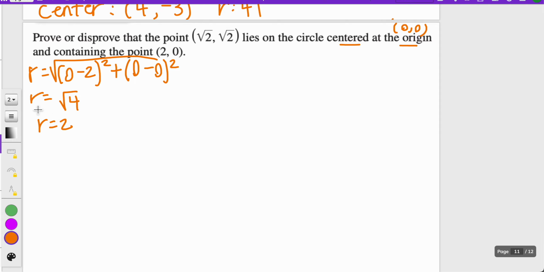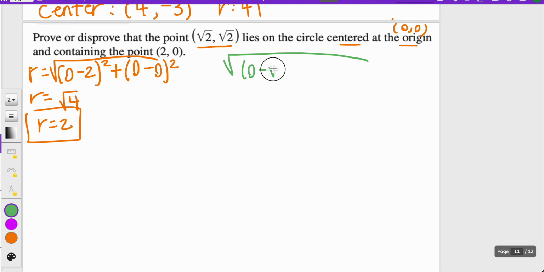Okay, yay, found that. Now, because I know my radius is equal to 2, then I want to see how does that relate to this point. Okay, so I'm still going to do the distance formula again, but now with these x's and y's using that origin. Okay, so let's see how this works. I'm going to do my x, 0 minus square root 2 squared plus my y's, 0 minus square root 2 squared.